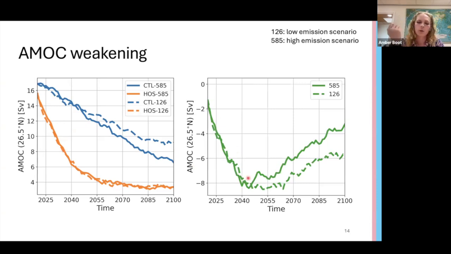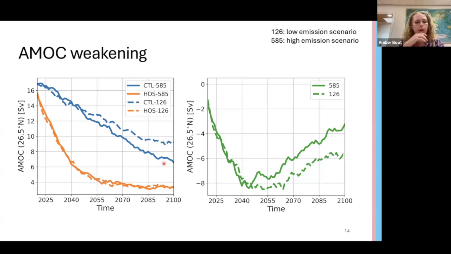We see what I would call a skewed V shape with a minimum around the 2040s, 2050s, and then the difference between the simulations decreases again. We will analyze the AMOC weakening response basically by taking the difference between the hosing simulation and the control simulations.